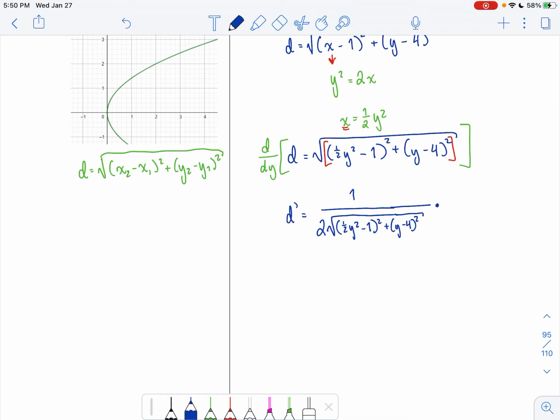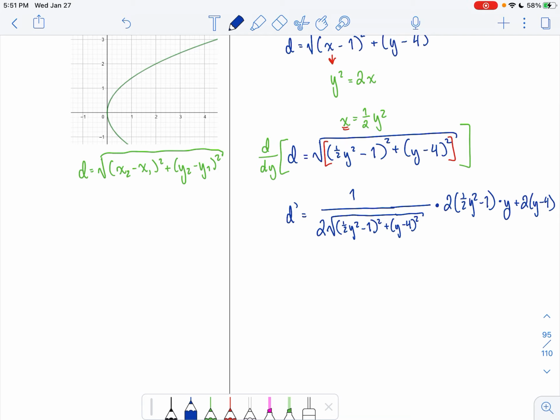Then I'm thinking about the chain rule again, taking the derivative of the inside function, and I can think about the parts separately. For the parentheses 1/2 y squared minus 1, that would be 2 times 1/2 y squared minus 1. Chain rule again with the inner function, because you can do the chain rule twice, which is one of the reasons I want to show you this example. That would be times y, because the 2 comes down and multiplies by 1/2. Plus 2 times y minus 4. The derivative of y minus 4 is 1, which I don't need to write.